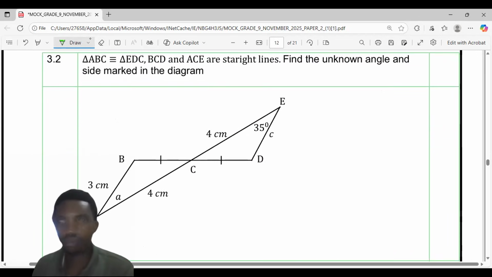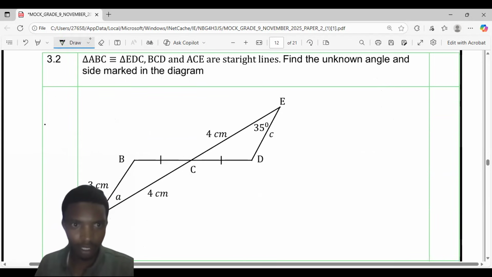And then now we come to this one here. For this one, they're saying triangle ABC is congruent to triangle EDC. What does congruent mean? It means that they are similar to each other. It means that this angle here, A, corresponds with E, right?